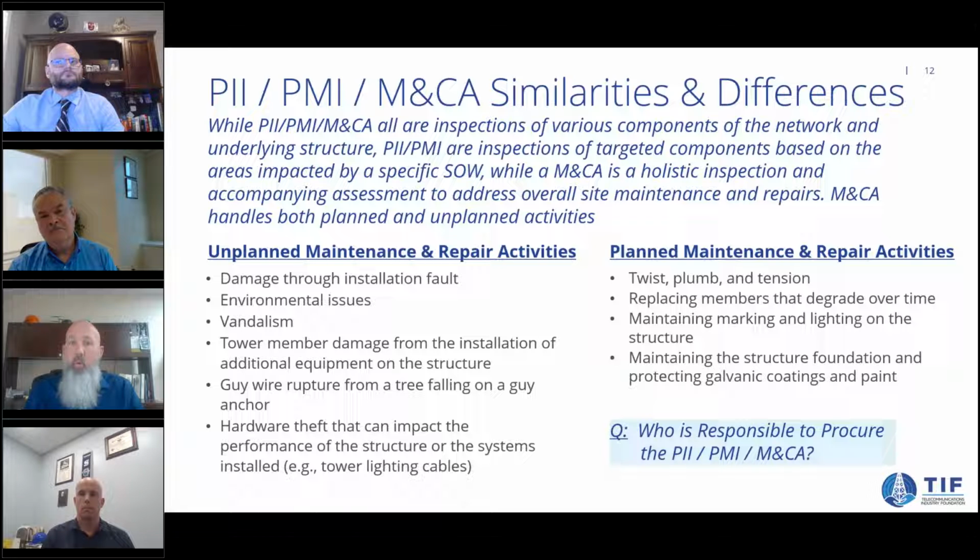In existing maintenance condition assessment programs, there are going to be planned activities like twist and plumb tension activities, potentially replacing members over time, and reapplying galvanic coatings. We're also going to have to deal with some unplanned maintenance activities, which could be vandalism, environmental issues, acts of God, and those are all going to be covered in the MC&A.